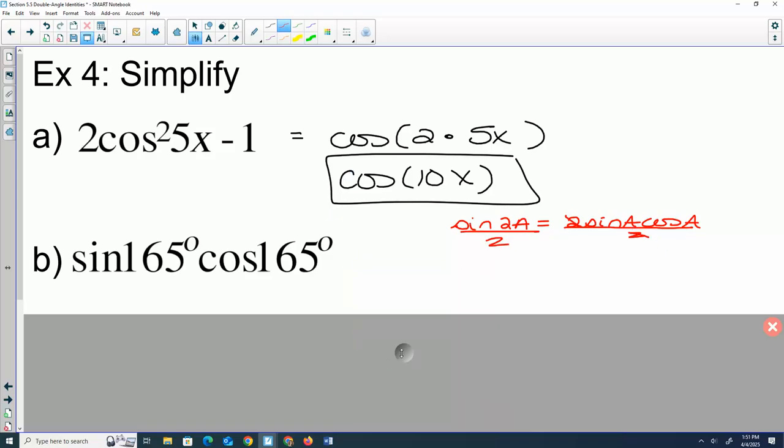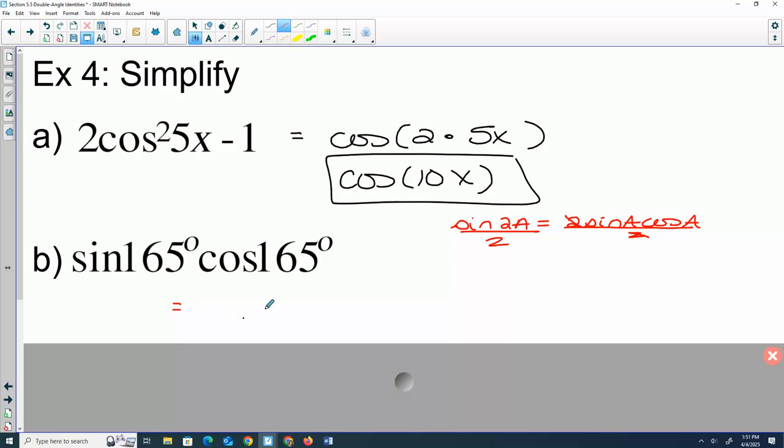So this would be equal to sine of 2a, so 2 times 165, divided by 2.